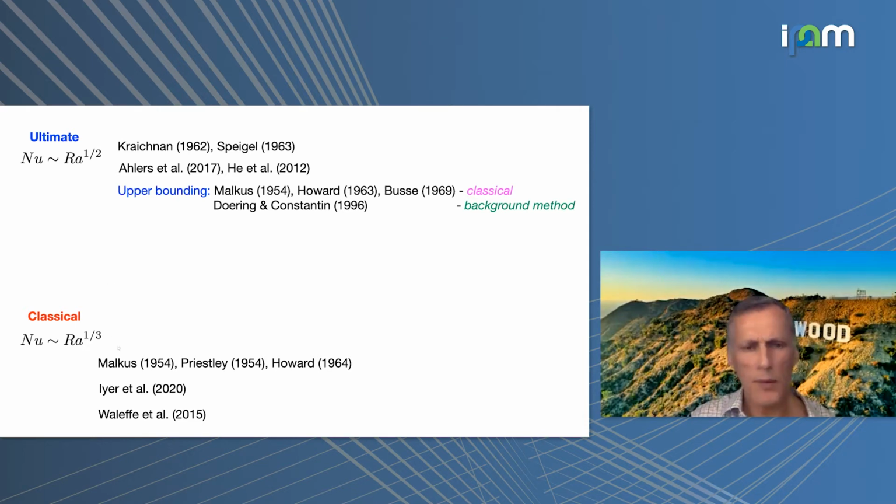And this is based on a number of different types of theory, rather nice theory by Priestley and Howard. Howard's theory based a lot on Malkus's ideas in 1954. And I think it's probably fair to say that the jury is still out on whether experiments show the ultimate regime, at least with solid boundaries and Dirichlet conditions.